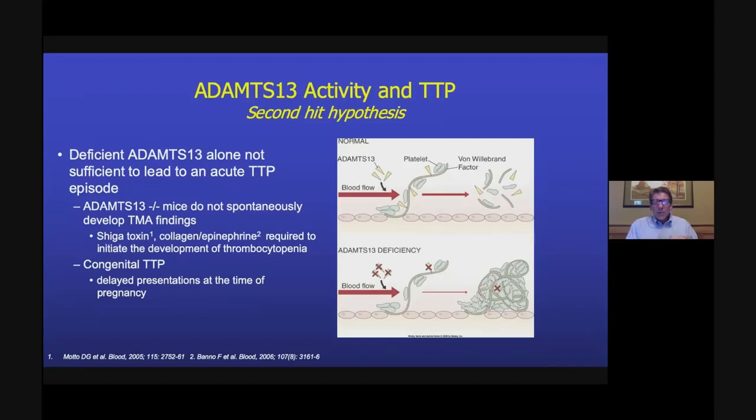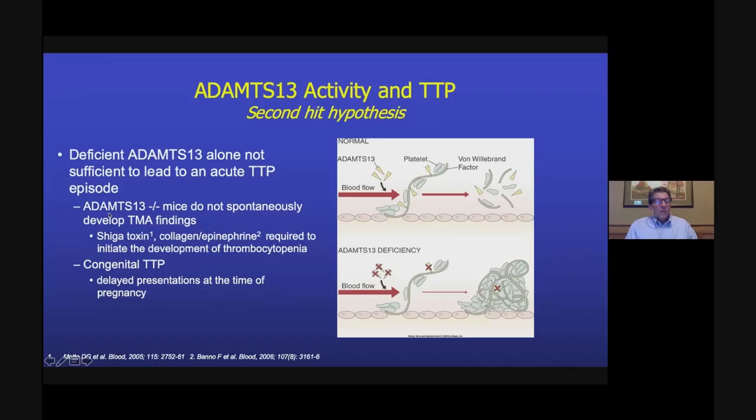This slide seems a little complicated, but I'll slow it down so it makes sense, because I think this is an important point. We've talked about this, researchers and clinicians talk about this second hit hypothesis. And simply put, what this means is just because you have low ADAMTS13 activity doesn't mean you automatically get TTP. This was first found in mice, and mice were bred not to have this ADAMTS13.